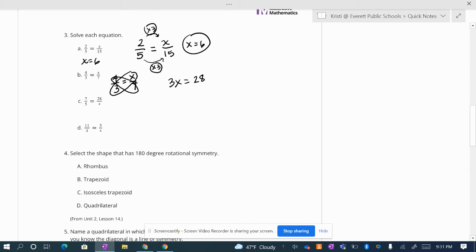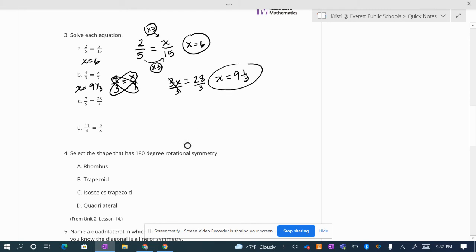So we need to go 3 times what makes 28? It's not going to be a nice number, but that's okay. You can get the decimal form or the mixed number. 3 goes into 28 9 times, because 9 times 3 is 27, and 1/3. All right, use the calculator to get 9.333.